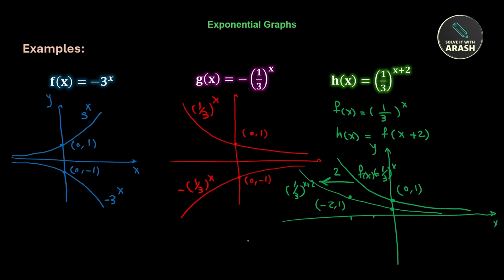To find the y-intercept, you can just replace x with 0. That's going to give me 1/3 to 0 plus 2, or 1/3 squared, which is equal to 1/9. So if I show the y-intercept with red color, that's going to be at 0 and 1/9.